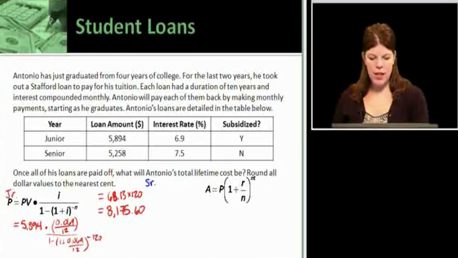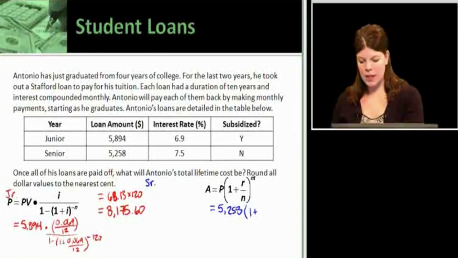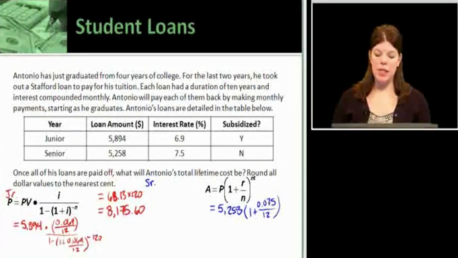So I just substitute in the loan amount for my P, which is $5,258 times 1 plus r, which is your rate, 0.075 divided by 12, because since it's compounded monthly, there are 12 months in the year.